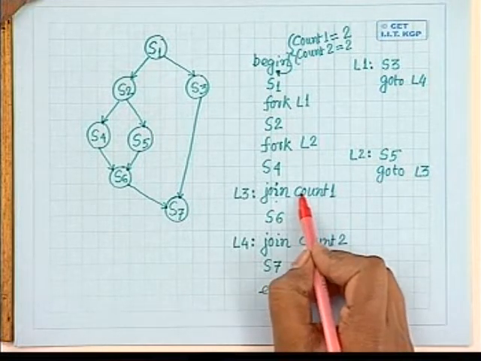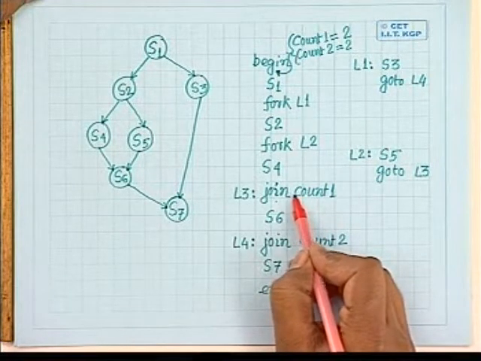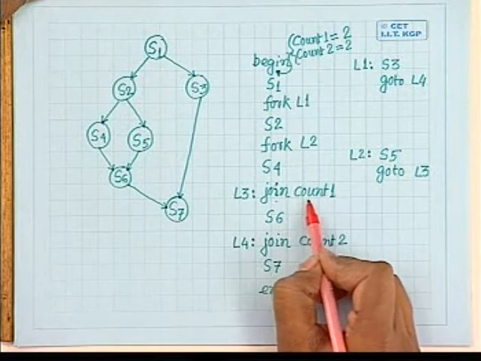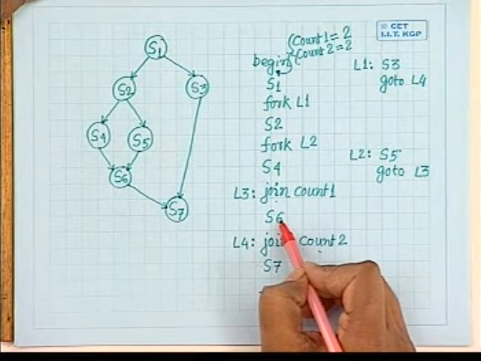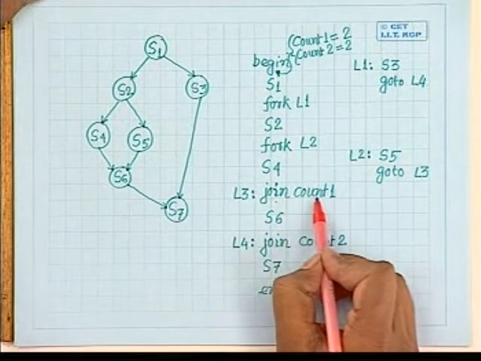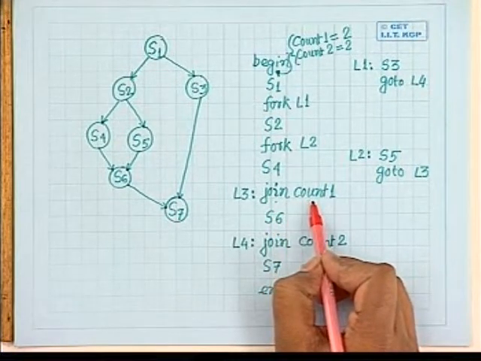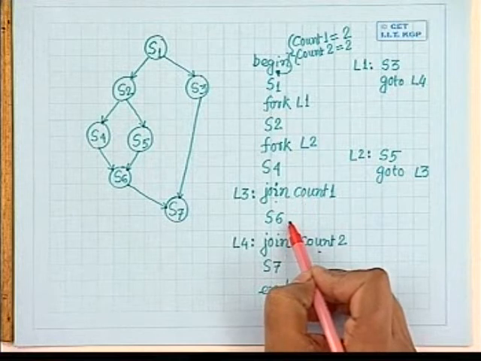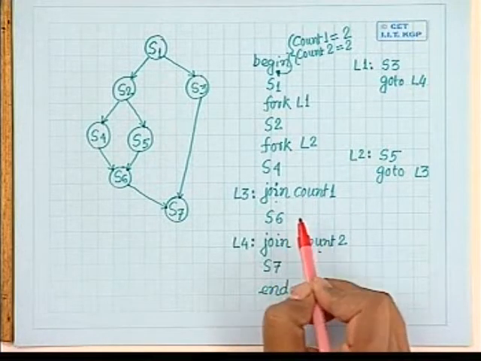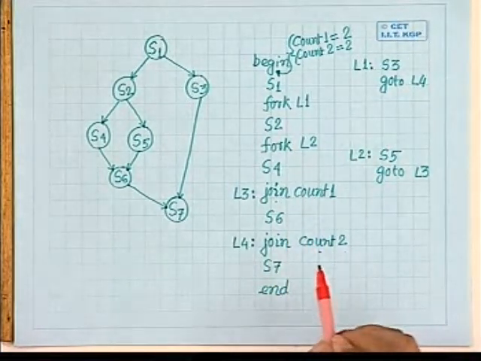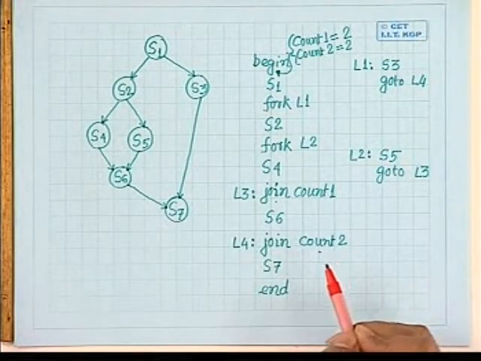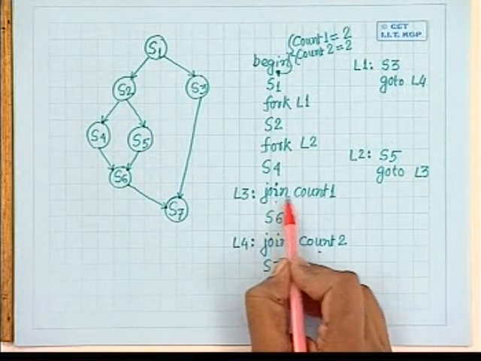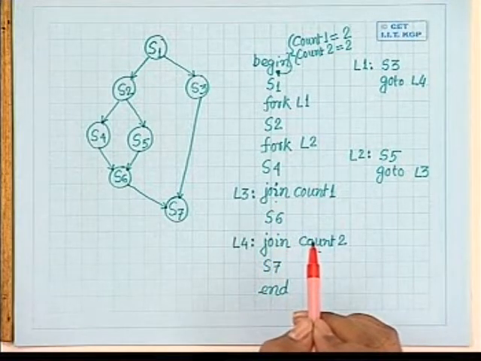The process which survives after execution of this join statement continues with the next statement. Here it is not ensured whether the child process or the parent process will survive. Either of them can survive, depending upon which one executes this join statement last.